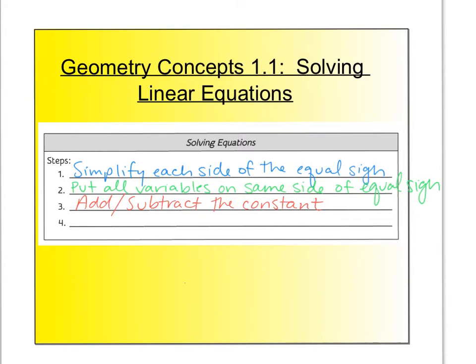And then finally the fourth step is you're going to multiply or divide by the coefficient, which is the number in front of the variable. So you're going to multiply or divide to cancel the coefficient.